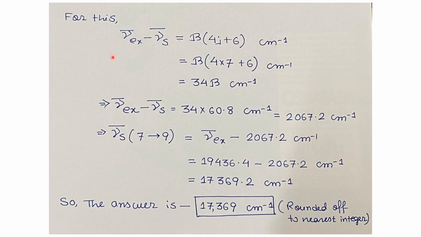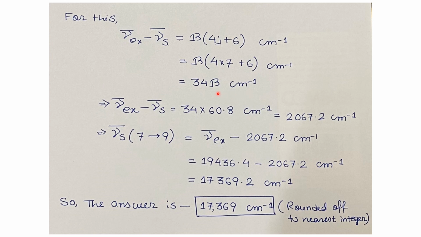For that transition, nu Ex bar minus nu S bar equals B times (4J plus 6) centimeter inverse. For this transition, J will be 7, so we'll put J equals 7 here. We'll get nu Ex bar minus nu S bar equals B times (4 into 7 plus 6) centimeter inverse. That will give 34 times B centimeter inverse.